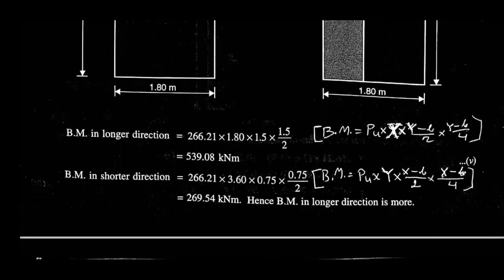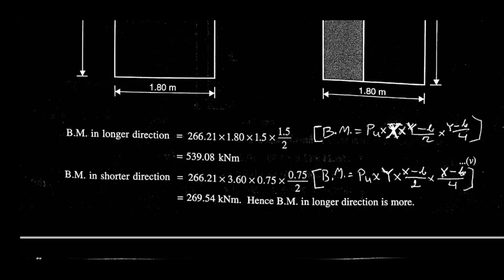Okay, so now bending moment in longer direction will be 266.21 into 1.80 into 1.5 into 1.5 by 2. Just beside this I have written the formula. So this is as per formula, so that is equals to 539.08 kilonewton meter.